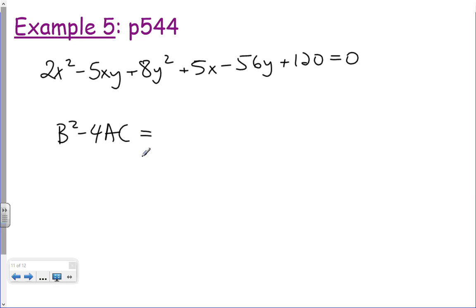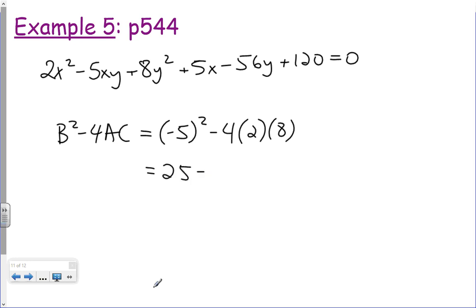B squared, that's going to be a negative 5 squared minus 4 times a, which is 2, times c, which is 8. So what's that end up giving us? 25 minus 4 times 2 is 8, times 8 is 64. And if I take 25 and I subtract 64, what do we end up with? A negative 39. That's the value of b squared minus 4ac.